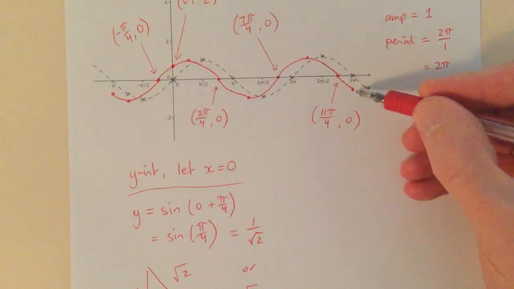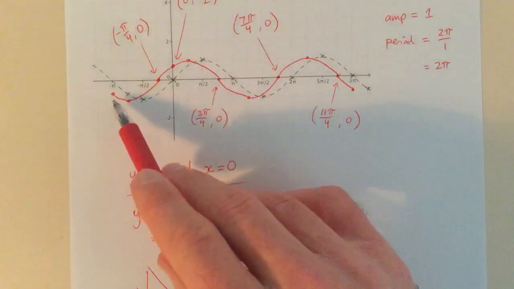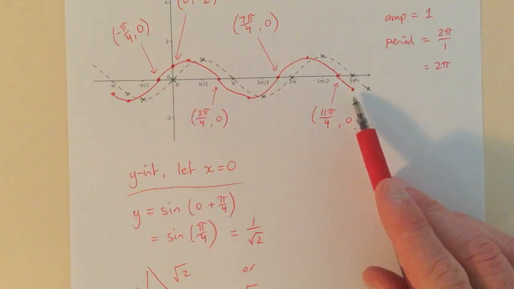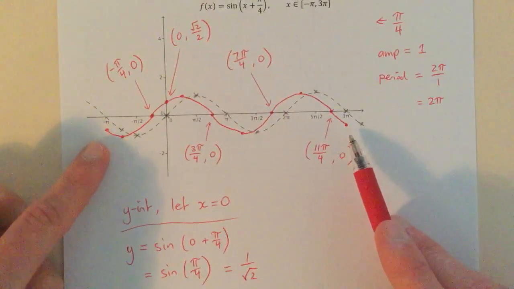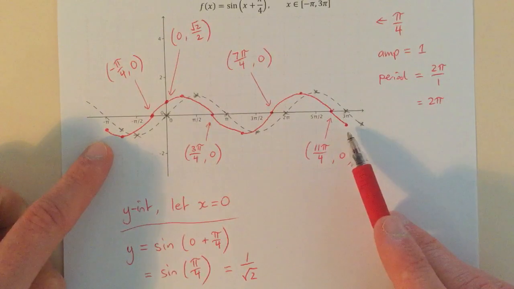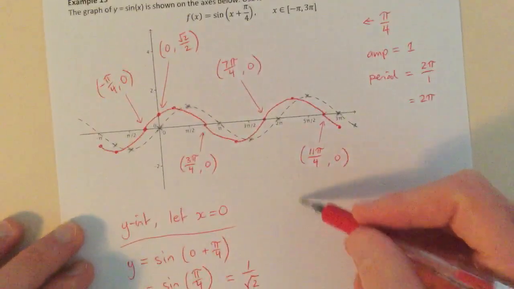And the other points that we often are asked to find and label on a graph are the endpoints. Right, so we've got an endpoint at negative pi and at 3 pi. Now you'll notice that those 2 points are actually exactly 2 cycles apart. So both of those points should have the same y-coordinate, which means we only need to evaluate one of them. We don't have to find both of them separately.